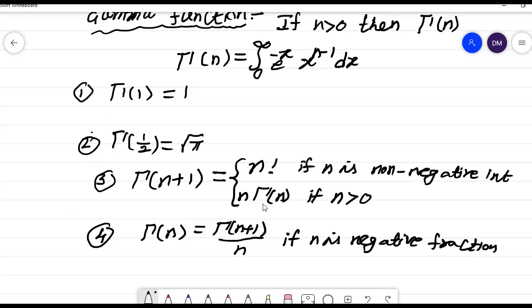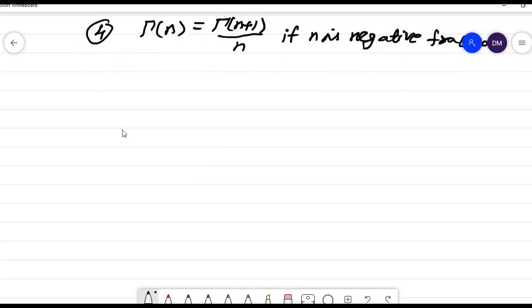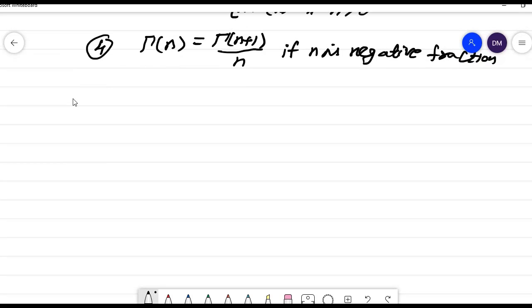Now the first topic in the Laplace transform is Laplace transform of standard functions.